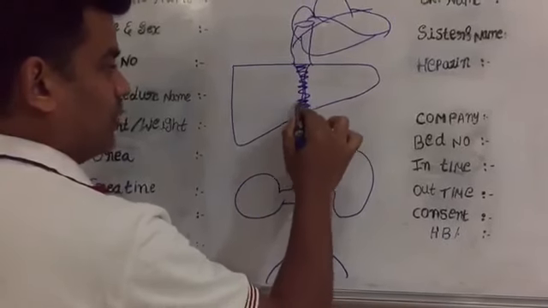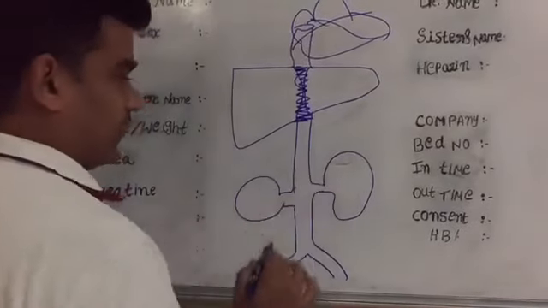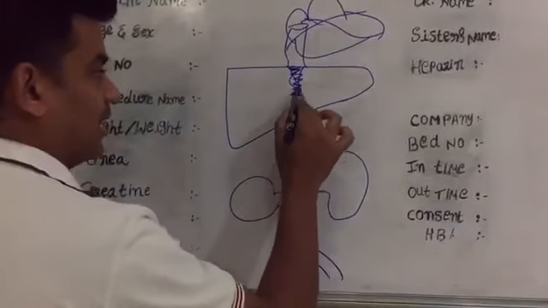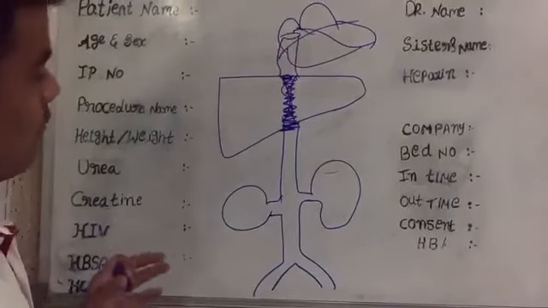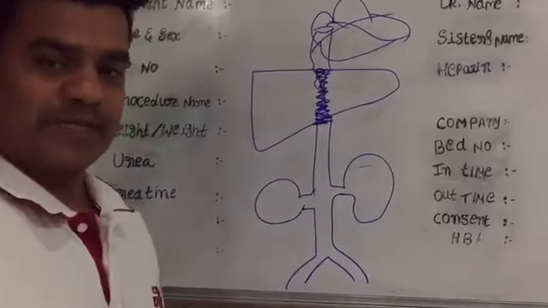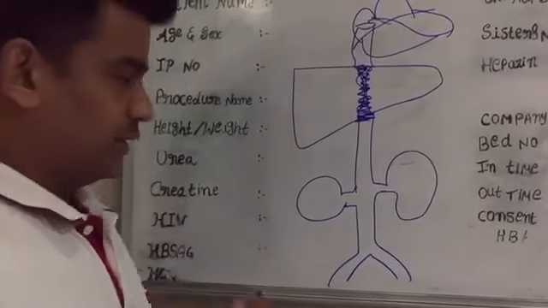There is no flow going whatsoever, and there are large collaterals from the infrahepatic IVC, and the intrahepatic IVC is completely occluded over a long segment. These are often very difficult to recanalize, so we are going to tell you about a special technique that we employ to recanalize such lesions.